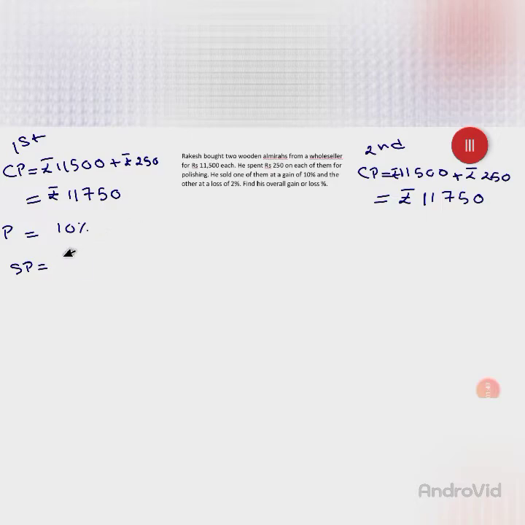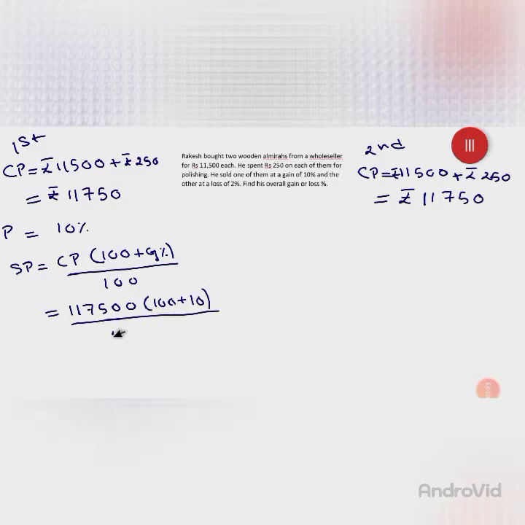So we use the formula for selling price in case of profit, which is cost price into 100 plus gain or profit percent divided by 100. Therefore, now we put the values. Okay. Cost price is 11,500 plus 100 plus gain percent is 10 divided by 100.